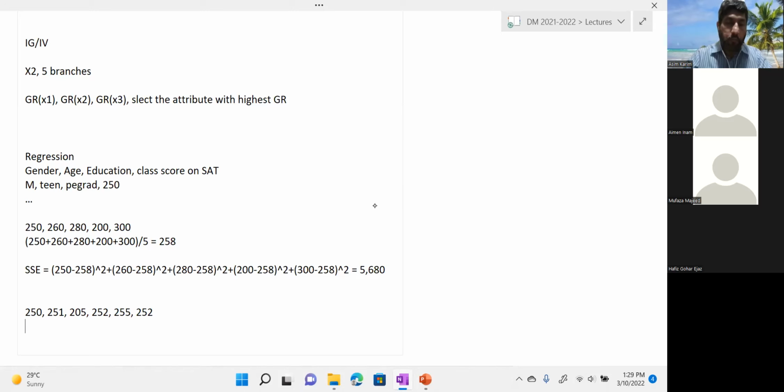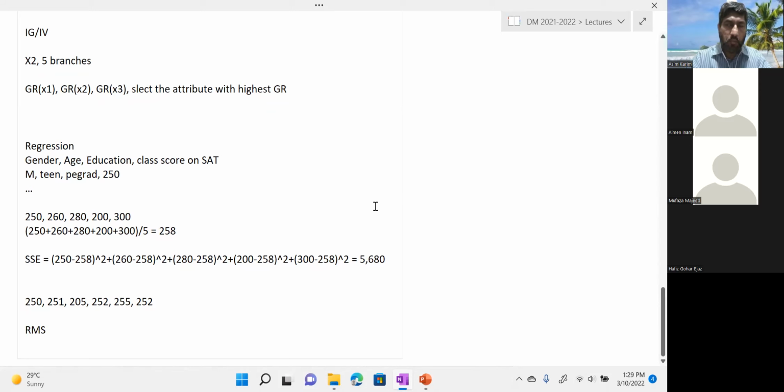OK. So for regression problems, we use SSE, or its variant, as the splitting criterion. You can also use root mean squared error if you like, and that is sometimes preferred.